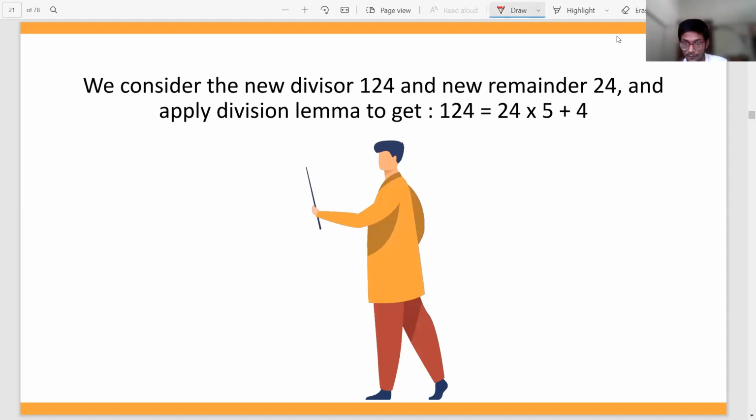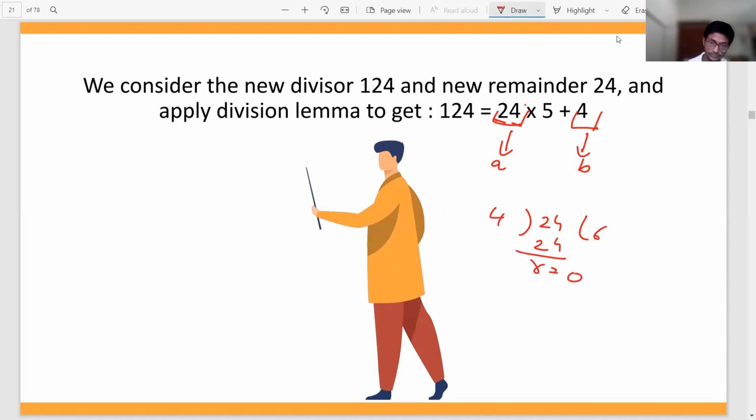After this step, we will get remainder as 0, because this is our new A, this is our new B. When we divide 24 by 4, 6 times 4 is 24, and the remainder is equal to 0.